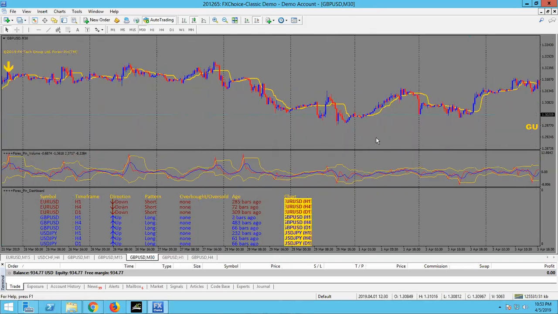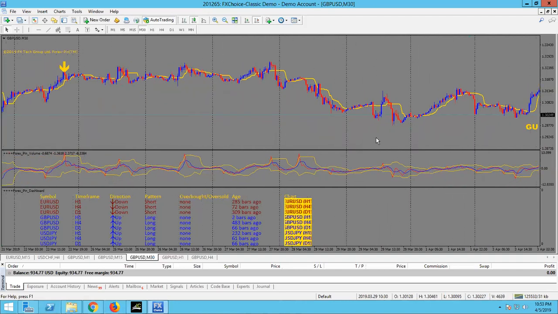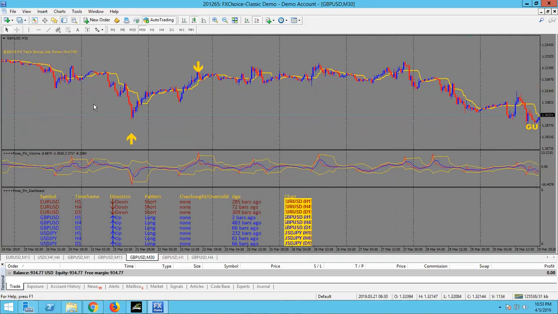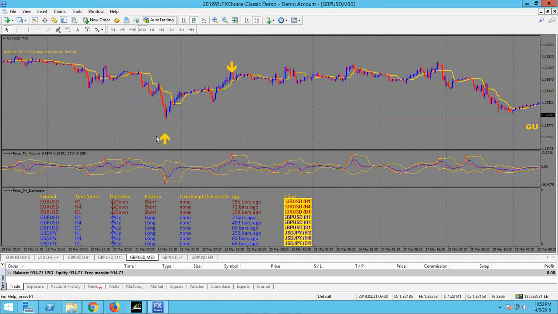You don't always get one, but when you do, it's a pretty good trade. Here's a lot of consolidation. These two worked out really well when the market was moving, which I like, going up and going to there, and that would give you approximately 212 pips on the 30-minute chart. So there you have that one.